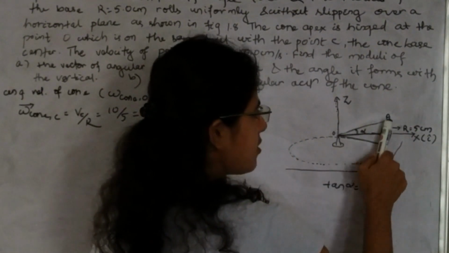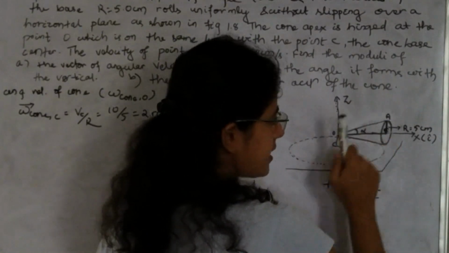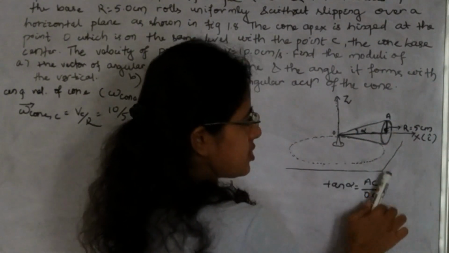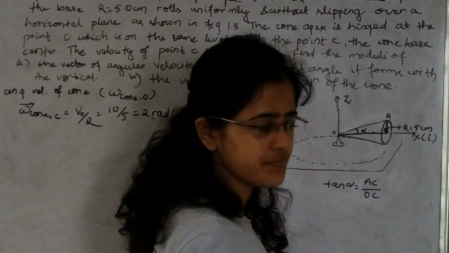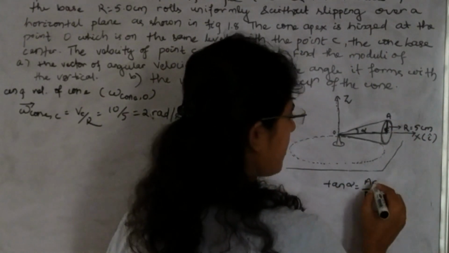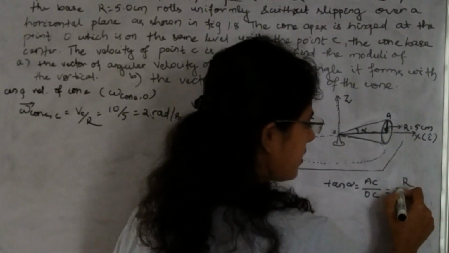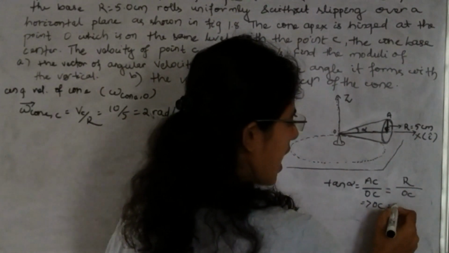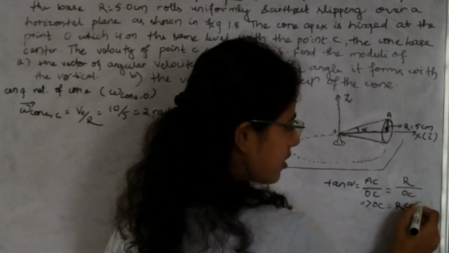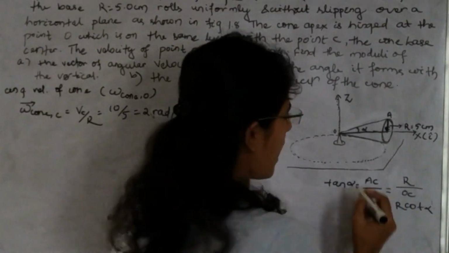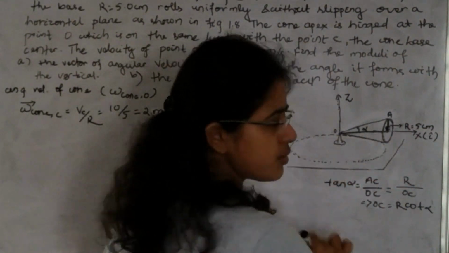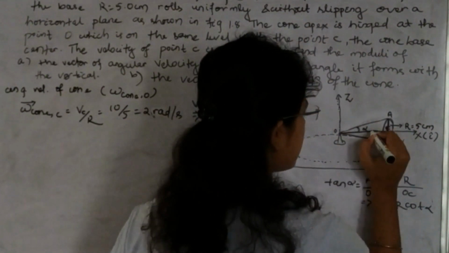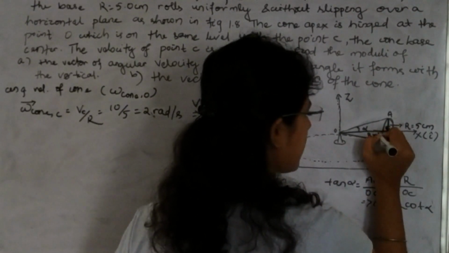For the OCA triangle, tan alpha is equal to AC divided by OC, and AC is R. So OC value is R divided by tan alpha, or R cot alpha. I have derived here the OC value. So OC value is R cot alpha.